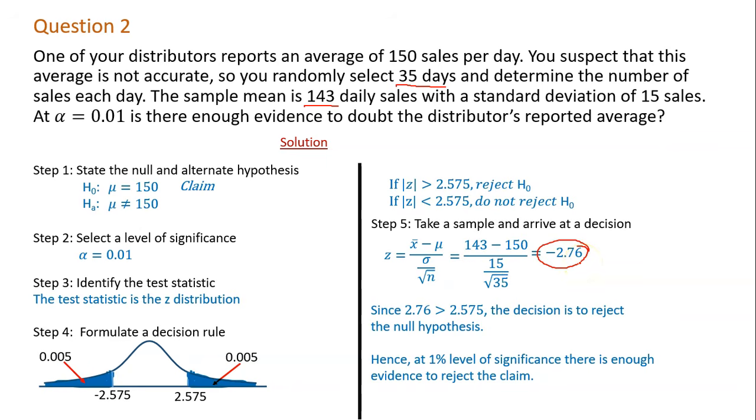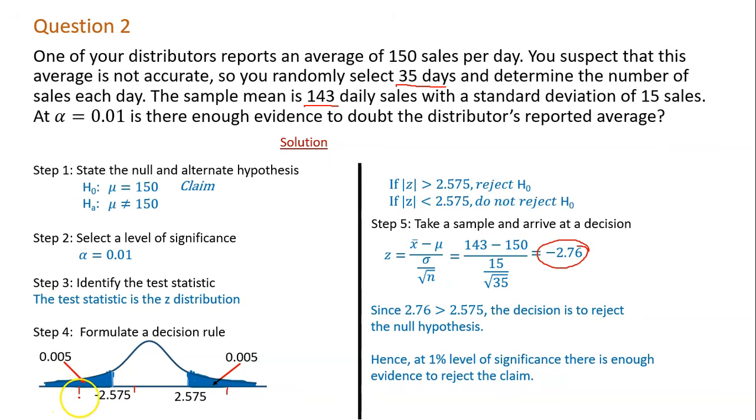You ask yourself, if I want to write negative 2.76 on this z-axis, where will it be? It would be somewhere here, and positive 2.76 would be somewhere here.